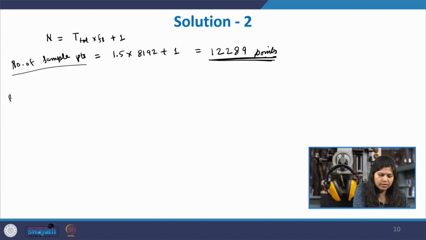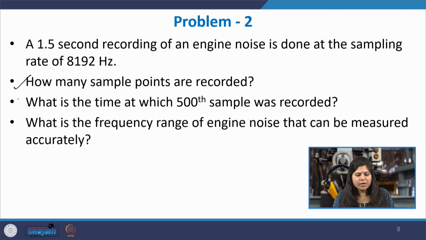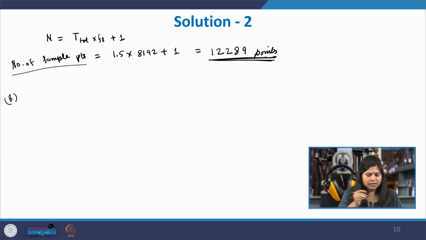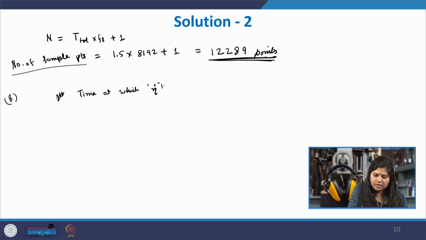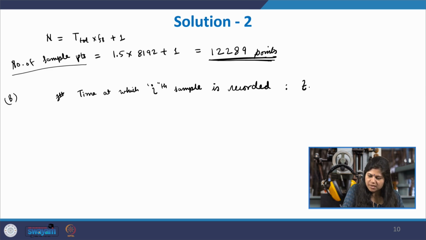Let us solve the second part, which is what is the time at which the 500th sample was recorded. Let us say the time at which some ith sample is recorded is denoted by the symbol Ti.